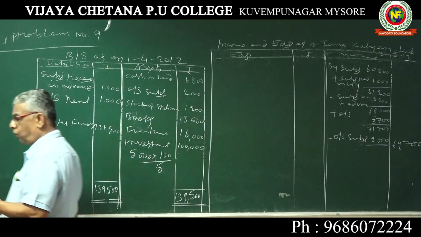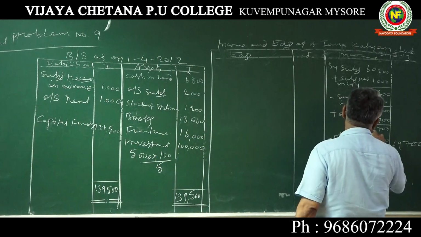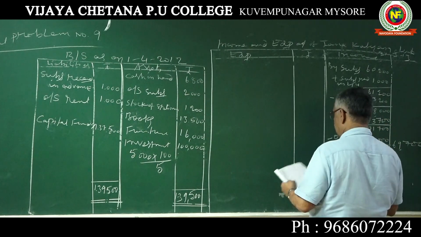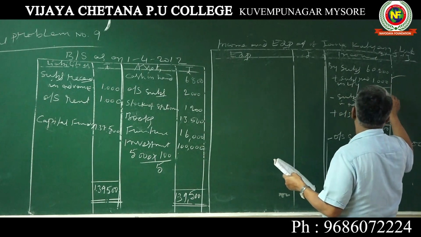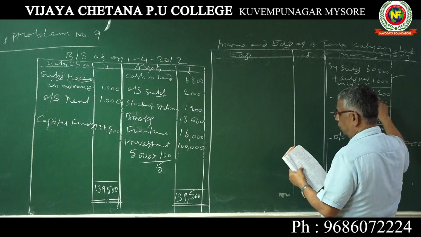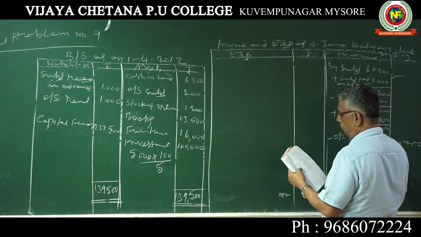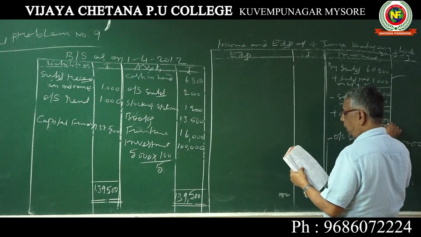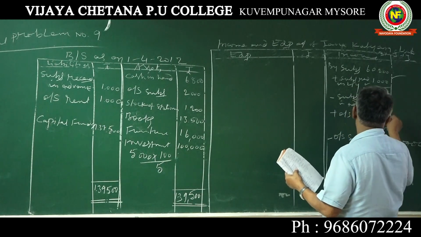Let us verify. 60,200, plus 1,000 we have added, is 61,200. Outstanding subscription for 2012, 2,000, we have deducted. Outstanding subscription for 2013, 3,700, we have added, and subscription received in advance, 3,200, we have deducted.